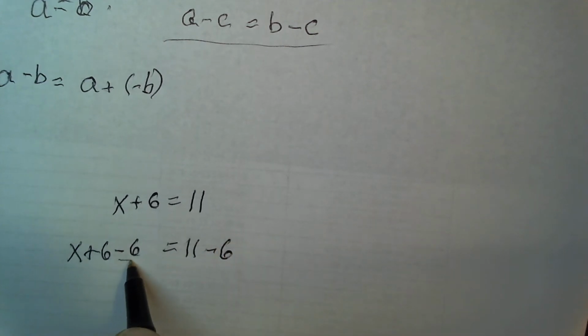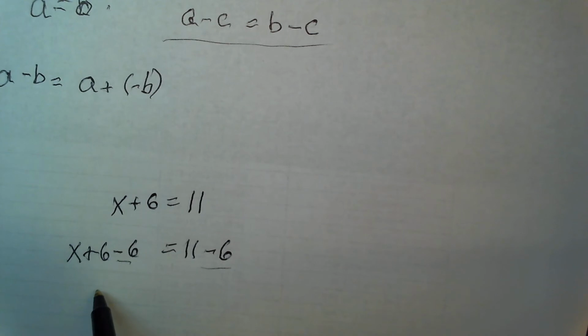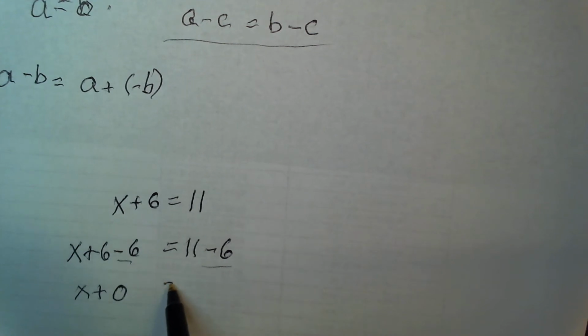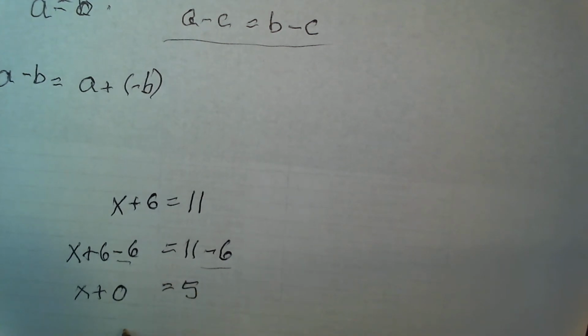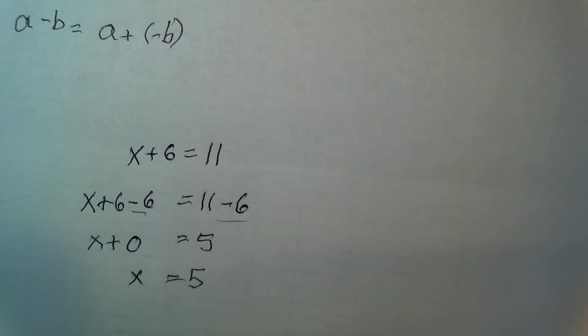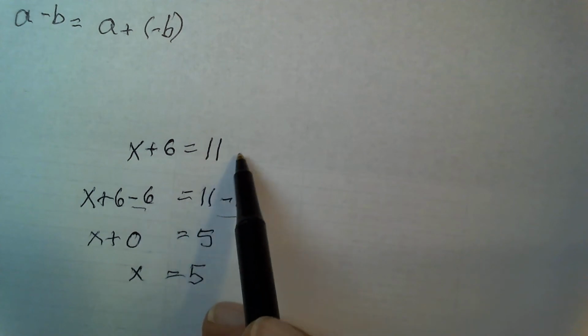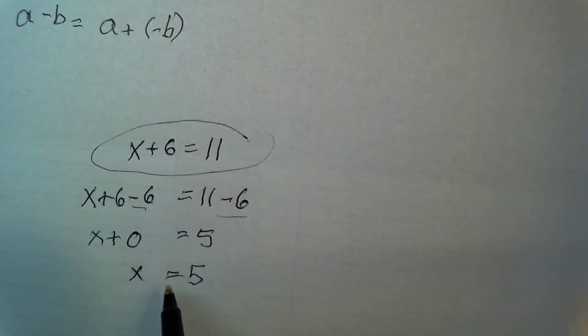Again, we need to do it on both sides. And then 6 minus 6 is 0, and 11 minus 6 is 5, and x plus 0 is x, so x equals 5. So that would be a solution of this equation, x equals 5.